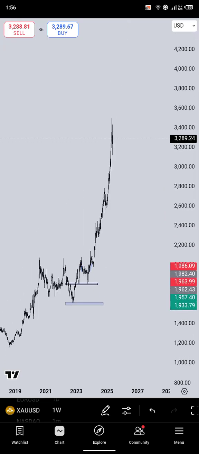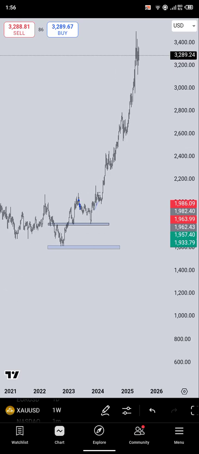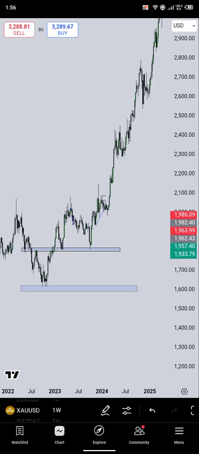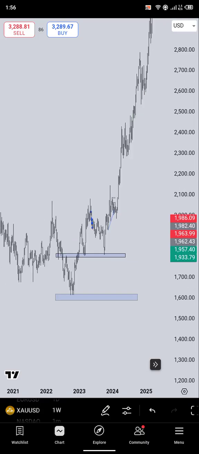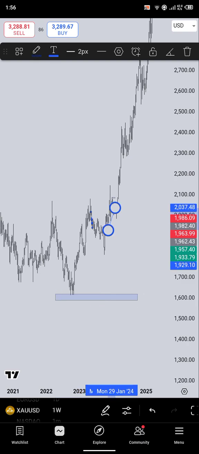Wow, we can see, just look at the move, gold has really been bullish on the weekly time frame.